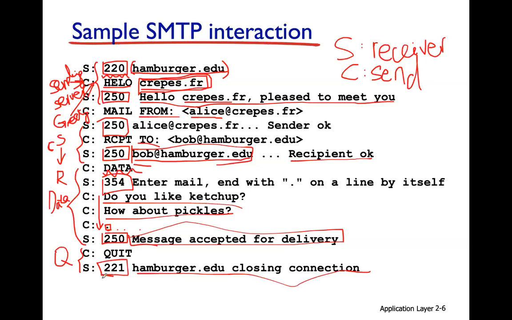So 220 means open, 221 means close, 250 means everything is okay, and 354 is the end. Okay, it gives the information to say how to end this email.